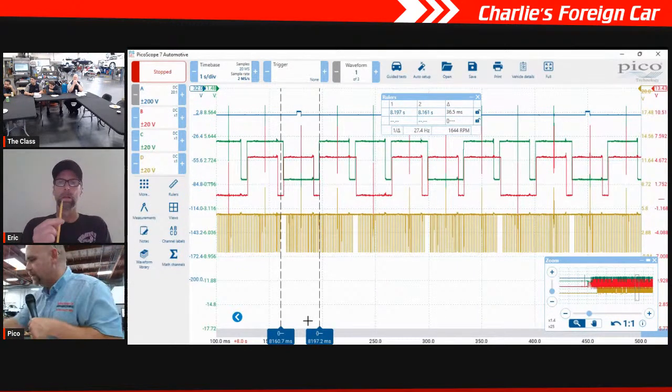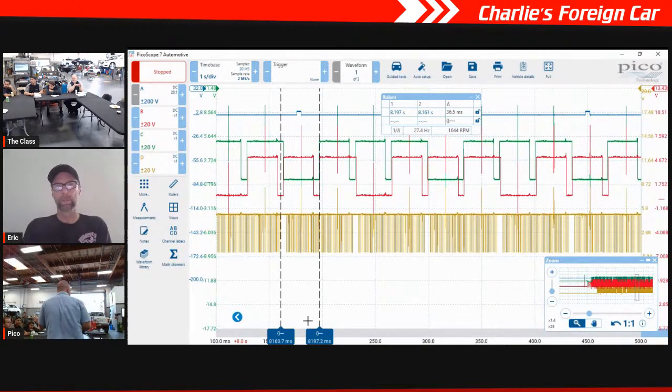So then, after we saw that, we went over to the handy dandy FLIR, and we looked at the intake VVT solenoid and the exhaust VVT solenoid, and the intake was at 190 degrees, and it was in a very specific location.